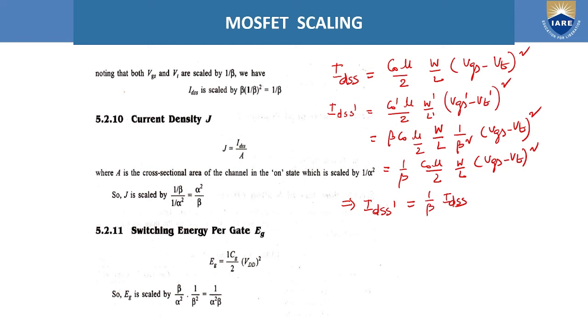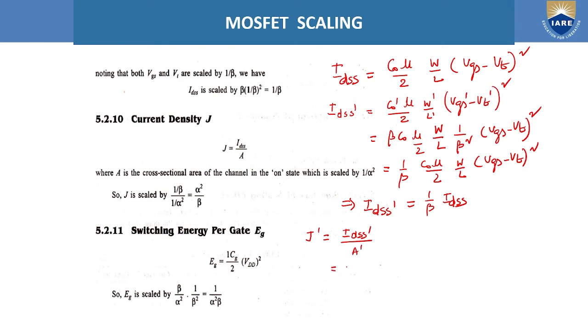Now let us see the effect of scaling on the current density. What is the current density? J is equal to I by A. So J is equal to IDSS by A, and A is the cross sectional area, which is nothing but W by L. So J dash is equal to IDSS dash divided by A dash.